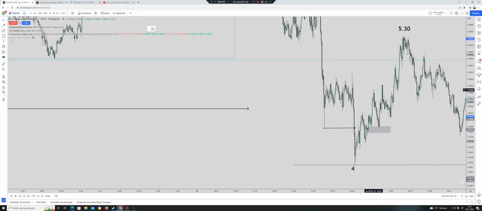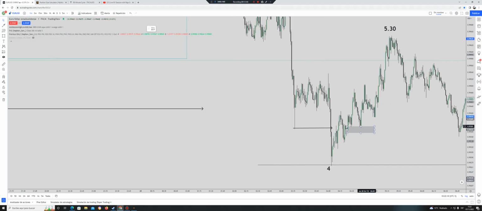Look, price breaking this short-term high, and then here it comes, 4:30, 4:40. Here you go, you buy the order flow. Here you have your buy. You can place a buy there based on the 90-minute cycle, the second 90-minute cycle of New York, which is the one I use the most.